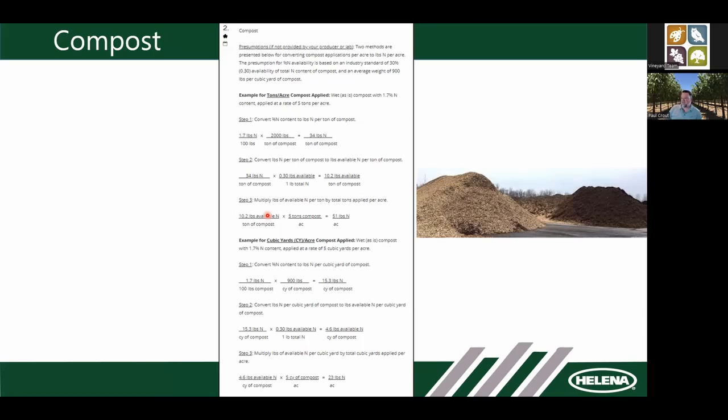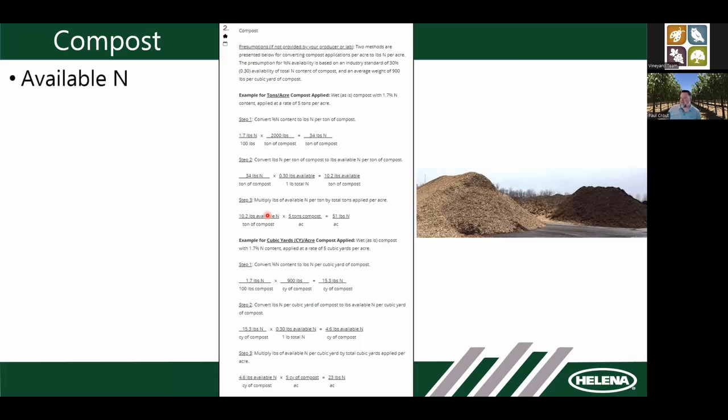So oftentimes, depending on who your compost supplier is, they will say, yeah, we applied 5 yards of compost per acre, or we applied 5 tons of compost per acre. Those are two completely different numbers, and so we need to be able to calculate those. So again, there's a very handy calculator to help do these calculations.